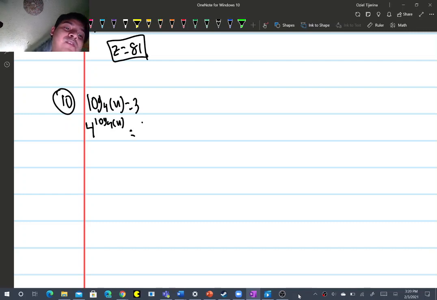That's going to be equal to 4 cubed. And notice how I keep putting, you're basically trying to cancel out your logs. So that's how you would do it. So then u is going to equal 4 cubed, and 4 cubed is 64. Okay.